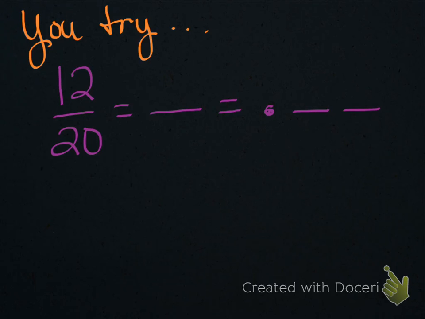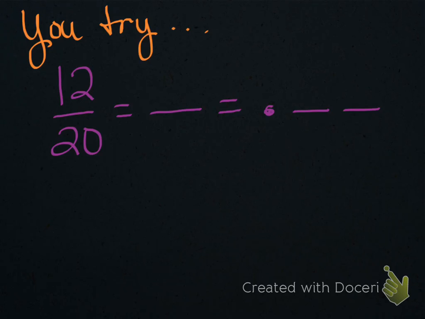You're going to try, let's do 12/20. Write that down. Convert that to another name of a fraction and then into a decimal. So first make it into a fraction, then what kind of a decimal could you make it?